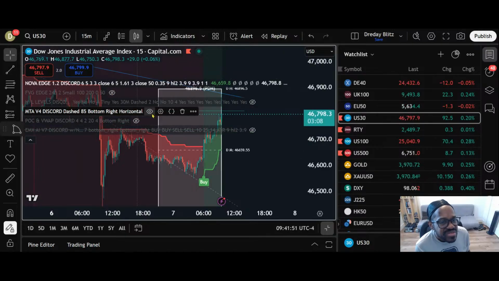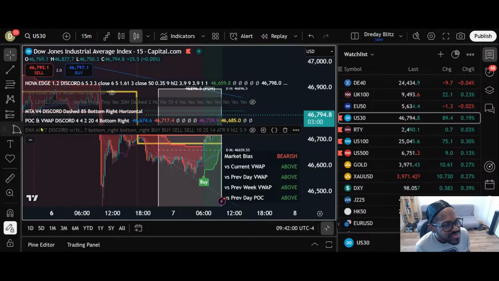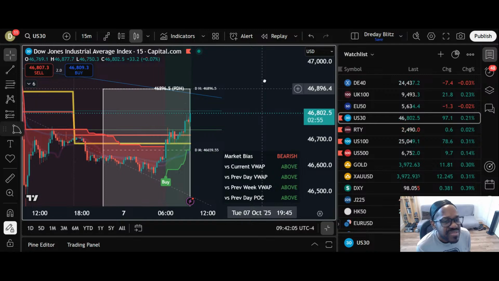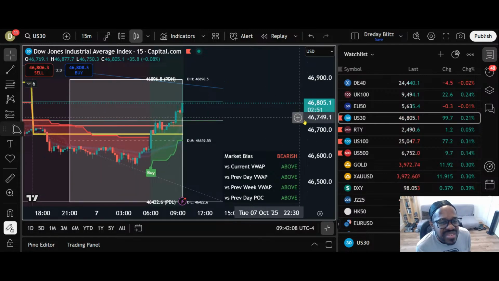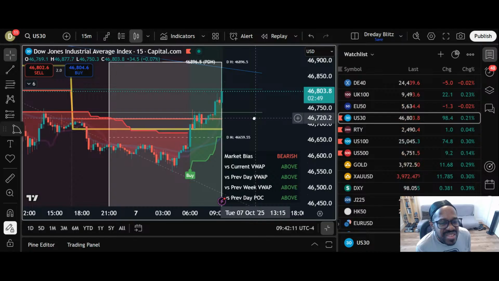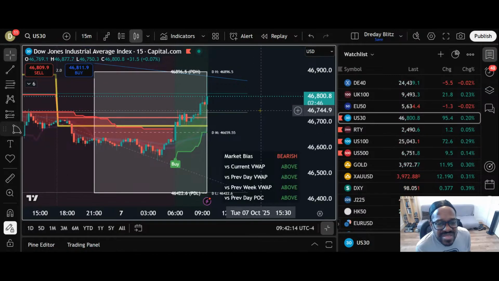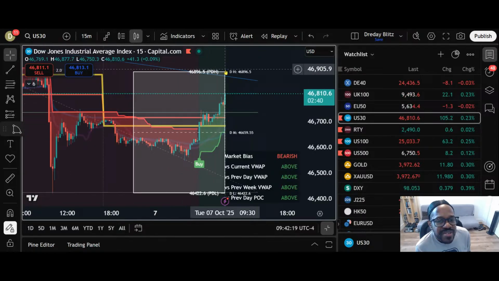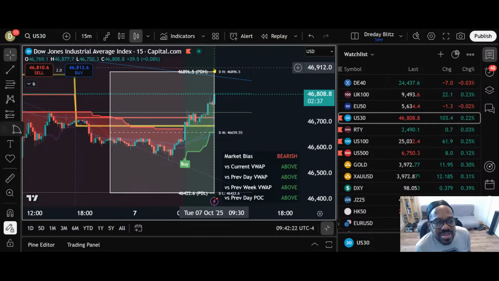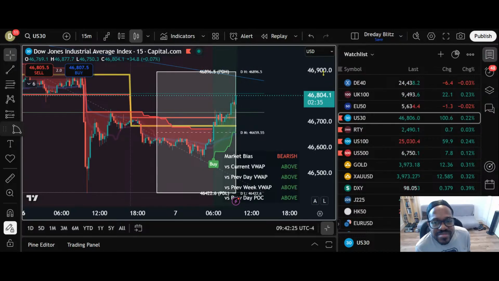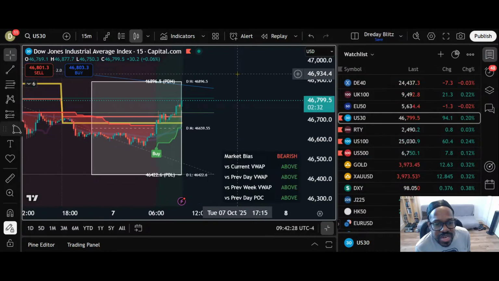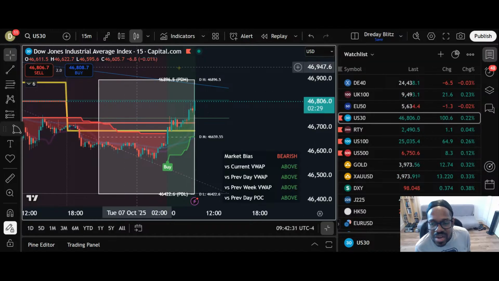So we're at the previous day high on the Dow. Previous day high is right here. We touched previous day high. So everything is on point, guys. As you could see, previous day high was right here.